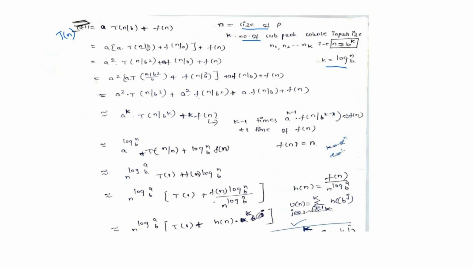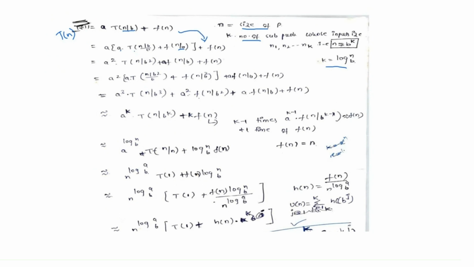So a remains same. In terms of n, I am having n by b, so I am just replacing that recursively. This becomes a·T((n/b)/b). In place of n, I am having n by b, so f(n) becomes f(n/b), and the remaining f(n) term will be as it is.